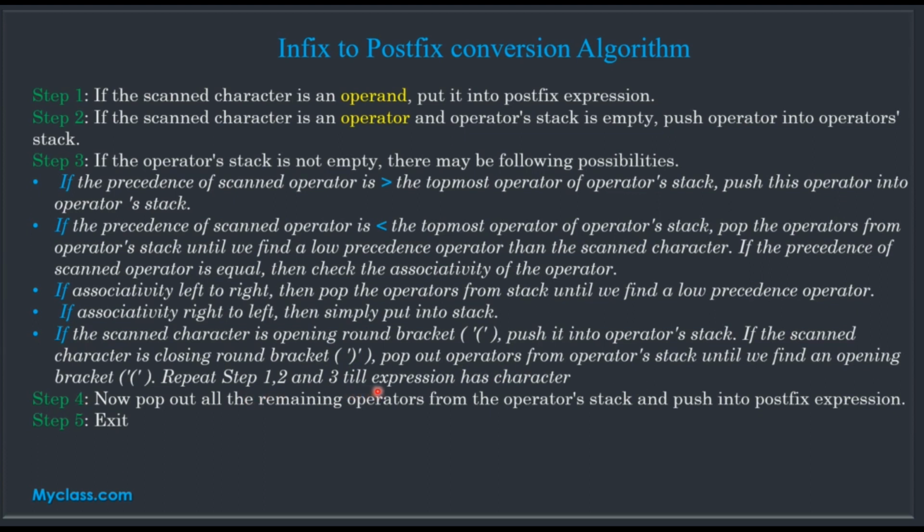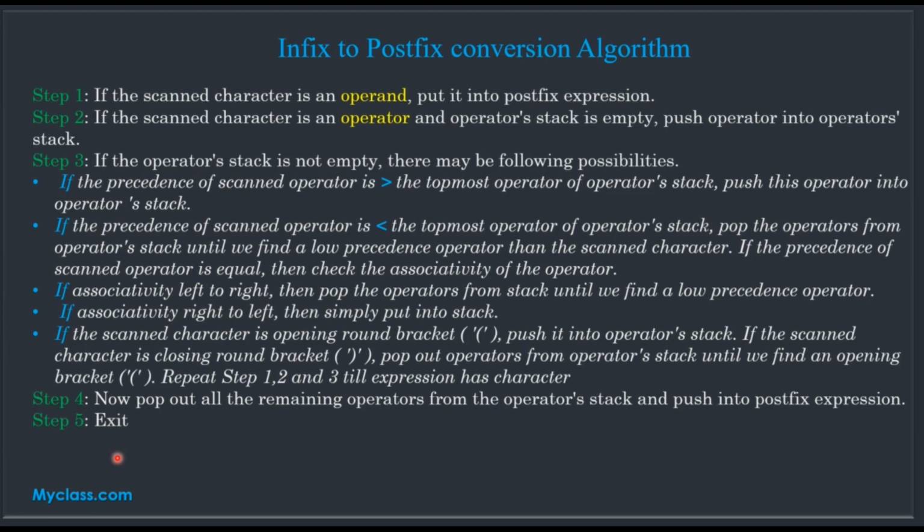Repeat steps 1, 2, 3 till the expression has characters. After scanning all the characters, step 4 is to pop out. Maybe some operators are remaining in the stack. Now pop out all the remaining operators from the operator stack and push them into the postfix expression. Exit. That is the algorithm steps.